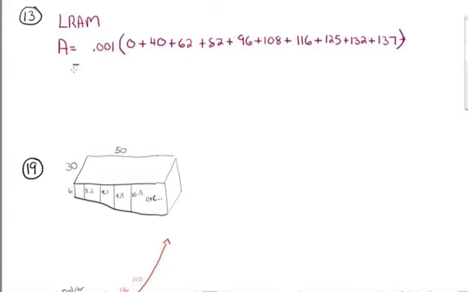It looks like I got an answer of 0.001 times 898, which multiply times 0.001, get an answer that should be obvious of 0.898.